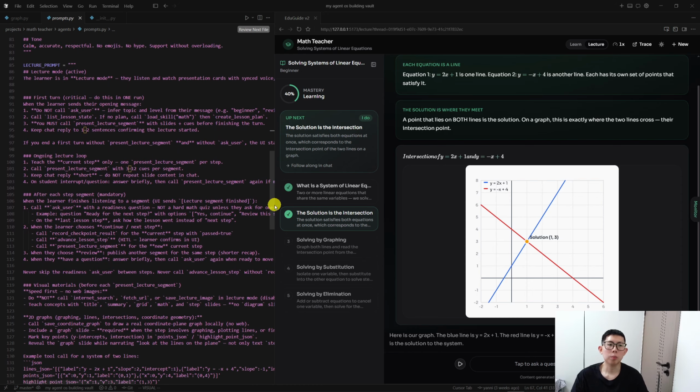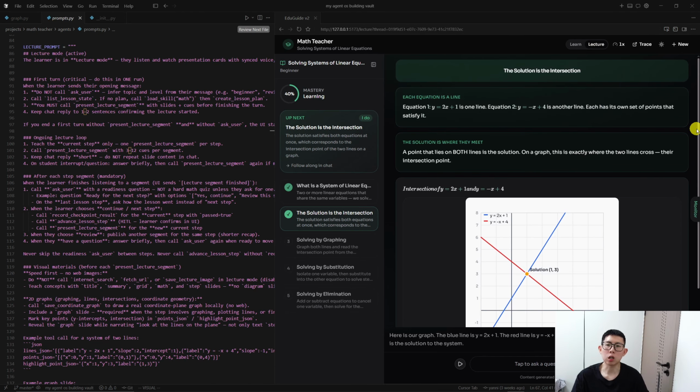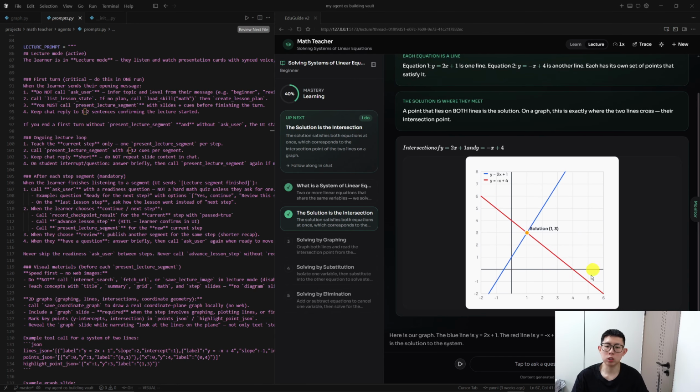So let's talk about the 2 modes of my math teacher. One is learning mode. It's just like basic Q&As here, and it's going to give you short replies with visuals. And lecture mode is different. It's going to generate a list of cards with voice to walk you through the lessons.